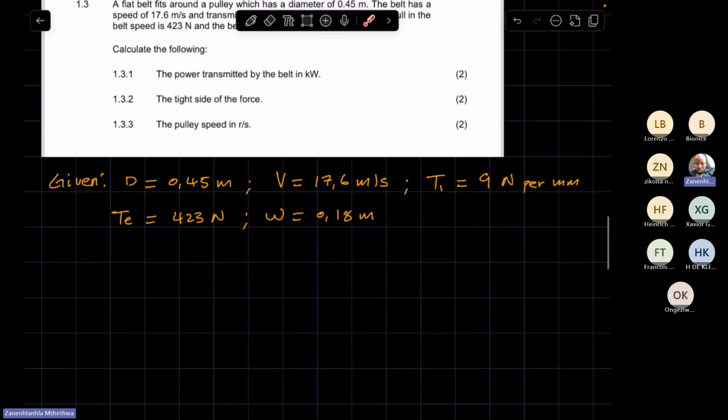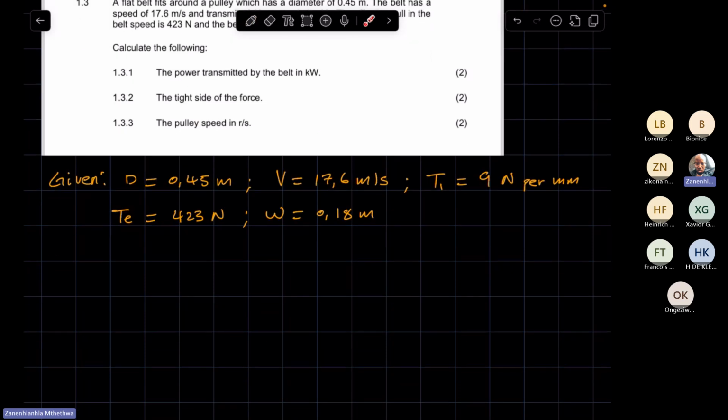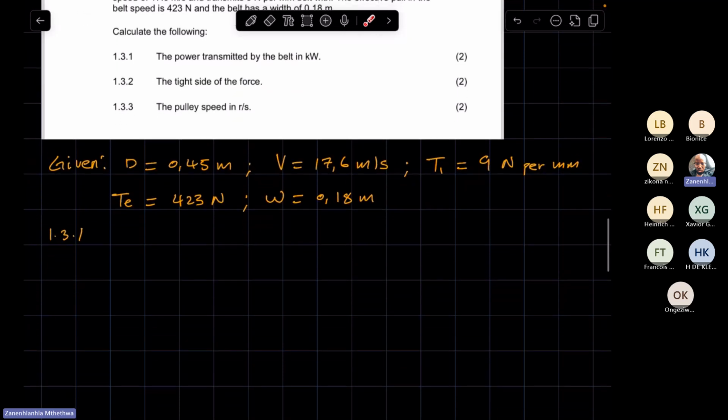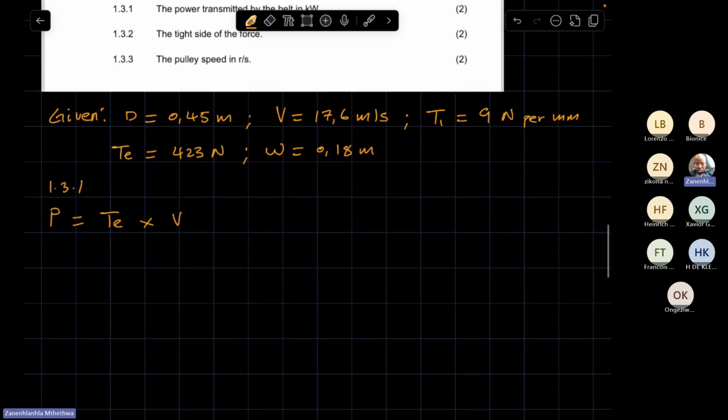Now we look at the questions. This is 1.3.1. Calculate the power transmitted by the belt in kilowatts. They want us to calculate the power being transmitted by the belt in kilowatts. The power transmitted, we know, is equal to the effective tension times the belt speed or circumferential velocity.